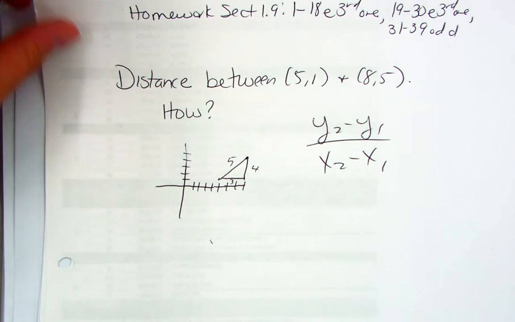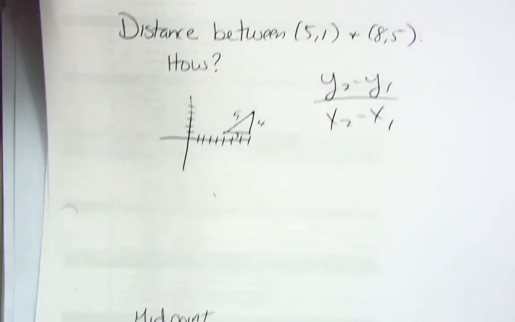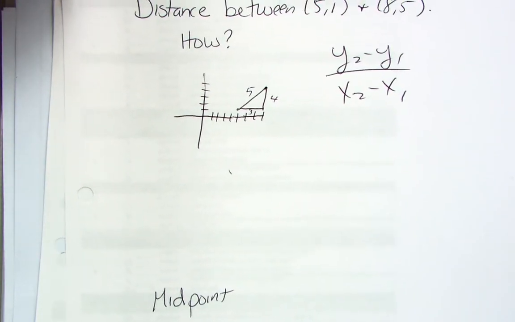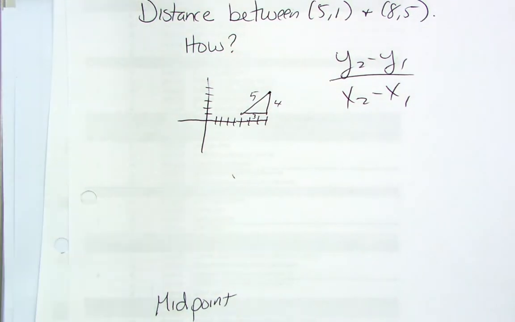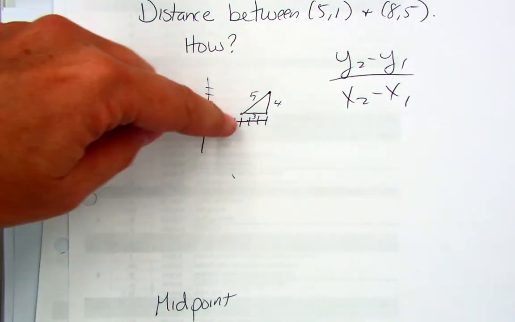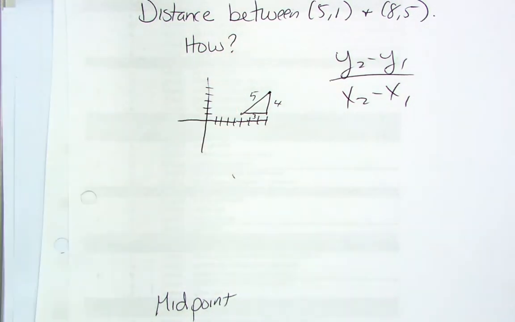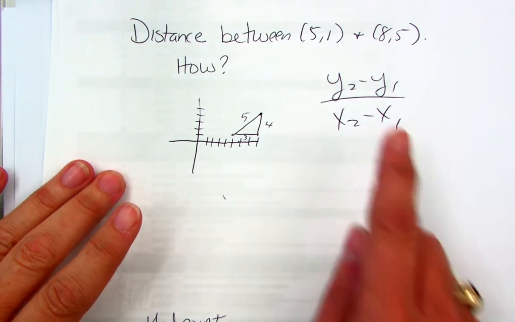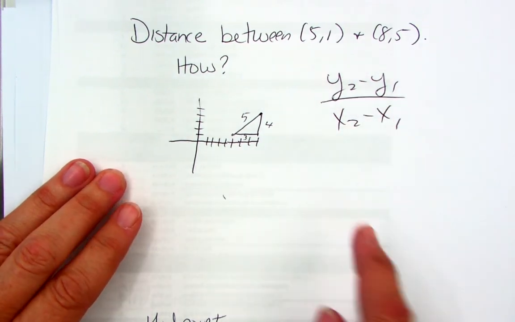Well then, golly gee whiz. I wonder how I would find a midpoint. Halfway between those 2 points. I wonder how I would do that. Figure it out. How would you do that? Between those 2 points, I want a midpoint.